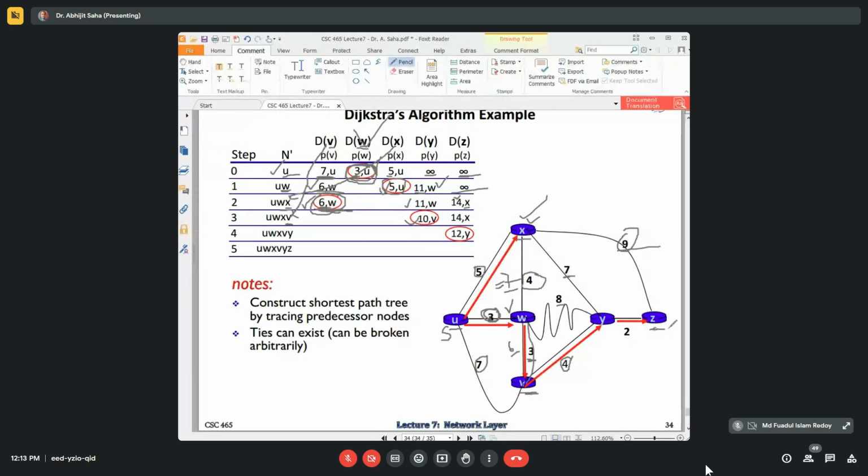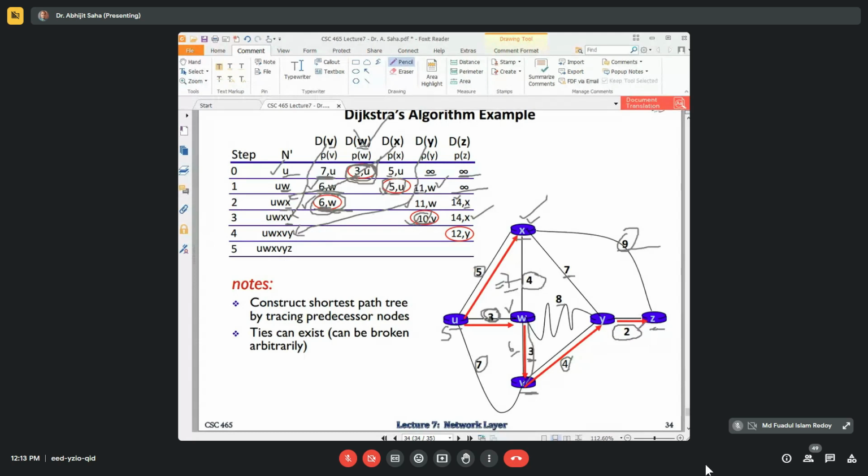So Z is not a direct neighbor of V. That means the value we found earlier, we keep as it is. Now out of these two, my minimum value is 10, versus 14. So we are going to take Y as the next node, from where we search the path to other nodes. If I'm taking Y, what is in my hand? That is 10. From Y to Z, can I go from Y to Z directly?